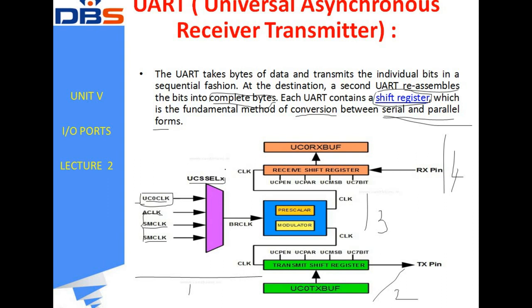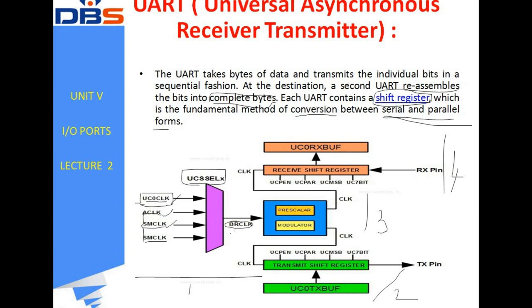This is the clock selection mode. What type of clock are we going to select? Either ACLK or SMCLK or UCLK, an external clock or an internal clock. Baud rate means the number of bits transmitted per second.